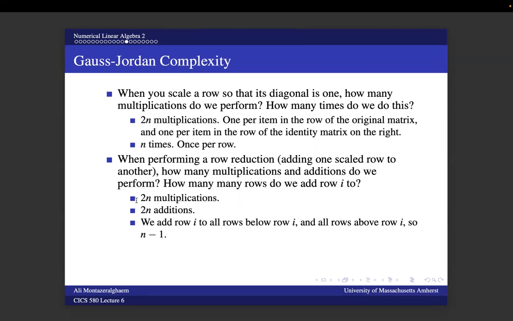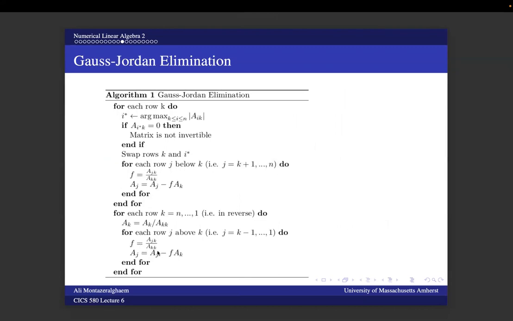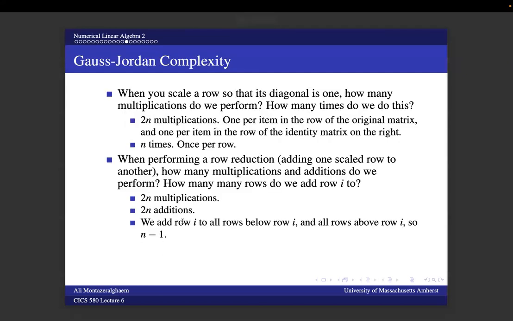So also we have 2 times n multiplications here, and also we have 2n additions, because here we need to scale all the elements in the row, which are 2 times n, and then we have 2 times n additions also here.